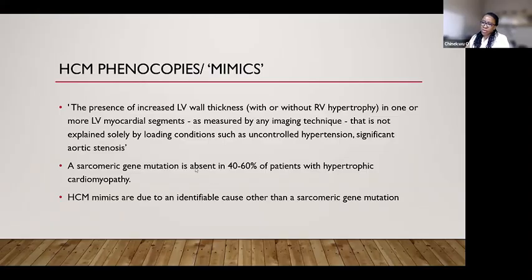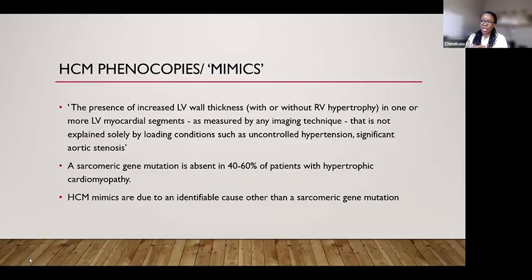Now, a sarcomeric gene mutation is present in 40 to 60% of patients with LVH, but that means it's also absent in 40 to 60% of people with LVH and hypertrophic cardiomyopathy. Generally, most people who come in with symptoms, maybe an abnormal EKG that shows left ventricular hypertrophy and an echo that shows concentric or asymmetric LV hypertrophy, will have a diagnosis of hypertrophic cardiomyopathy placed on them.